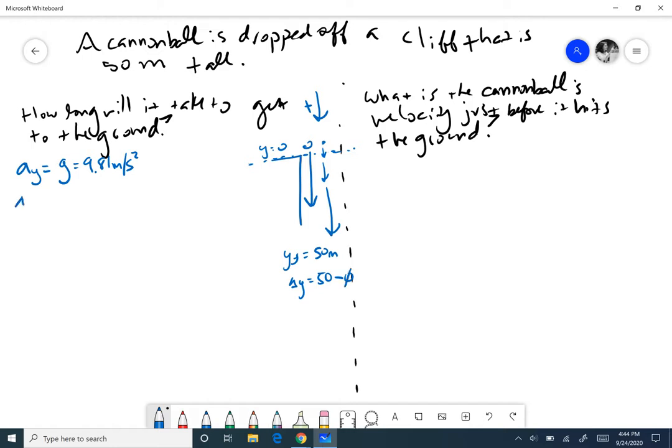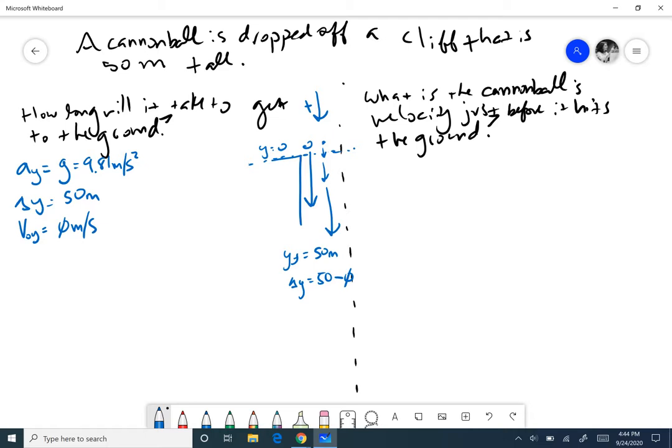So I can say that my delta y is a positive 50 meters, okay? Just to make sure that all my negatives work out, I don't get a negative time or something like that. Cool. What else do we know? We know that our initial velocity in the y direction is 0 meters per second, and that's all we need to know.